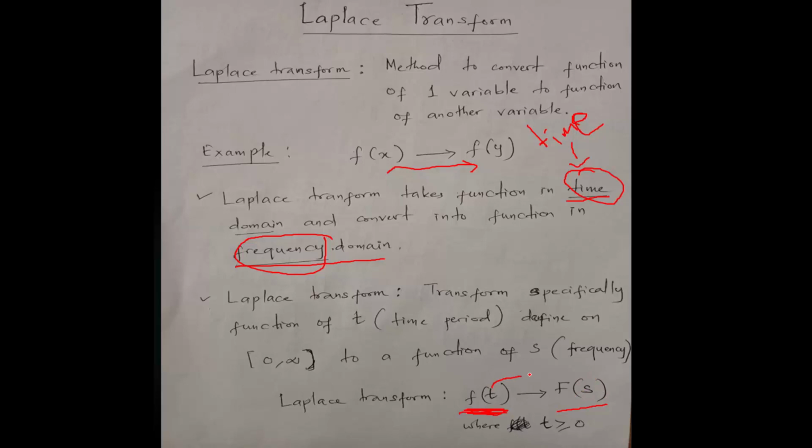So basically we're going to convert from f(t) to a function of f(s). That's what we're going to do in Laplace transform: convert a function that is in time domain to a function that is in frequency domain.